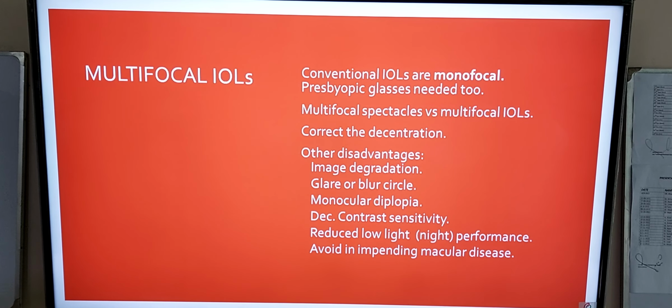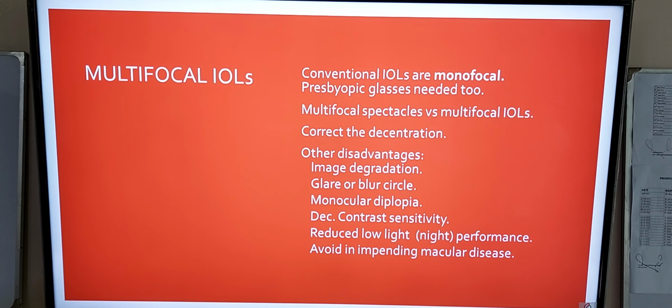While in case of multifocal IOLs, for example, if there is a bifocal IOL, two images are formed simultaneously, and one will fall on the retina while seeing far, and the other will form on the retina when the patient is seeing near, but two images are always formed simultaneously.